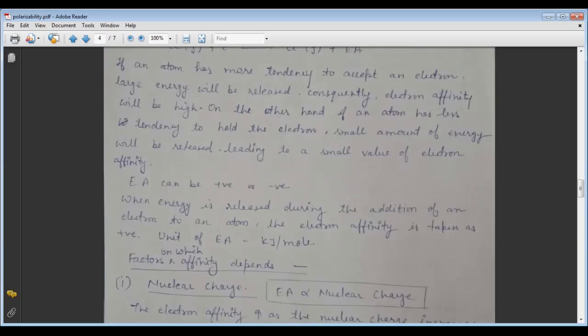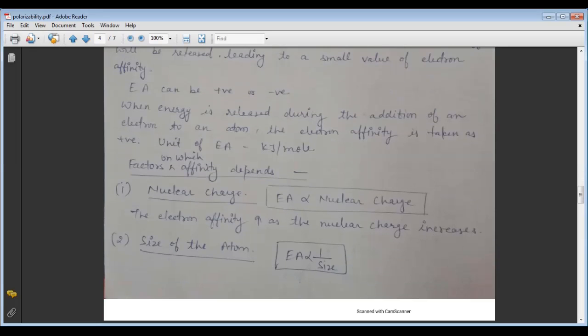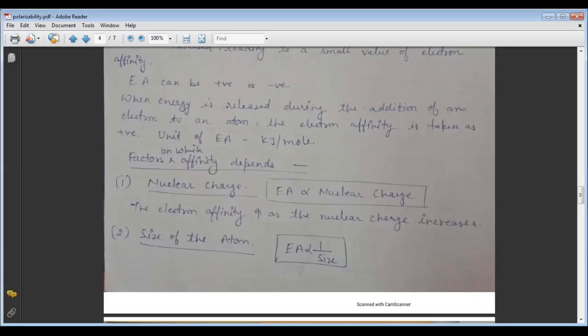Electron affinity may be positive or negative. When energy is released during the addition of an electron to an atom, the electron affinity is taken as positive. The unit of electron affinity is kilojoule per mole. Clear? So the more the atom is happy to take the electron in, the more energy is released, and this energy is called the electron affinity.